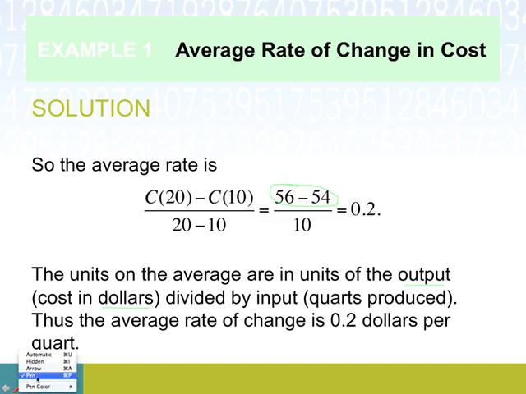And then the units on the bottom, which are the units on our input, quarts, are the units that go in the denominator. So our unit on the average overall is our number, 0.2, and then the units are dollars divided by quarts, so dollars per quart.